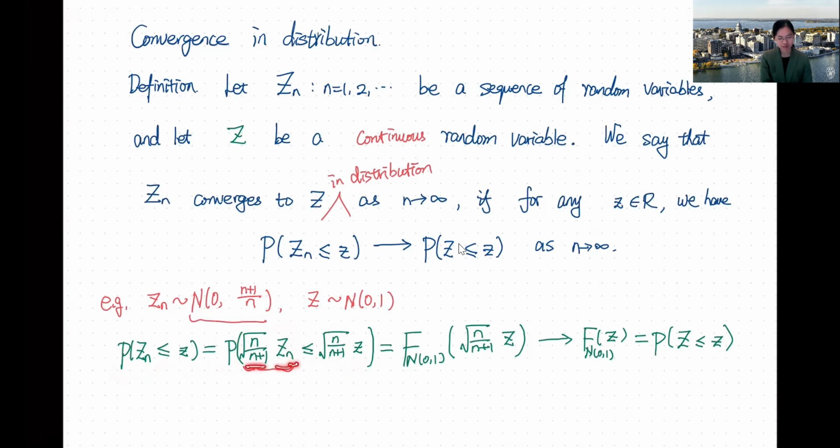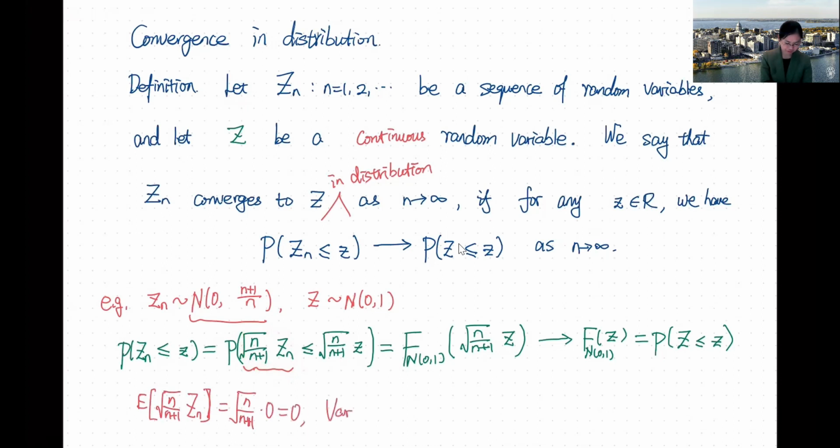The expectation of that random variable is 0, because the expectation equals the constant times the expectation of Zn, which is 0.